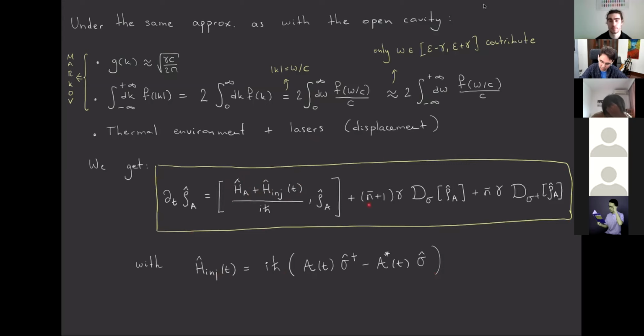And then we have the part coming from the thermal environment, from exchanging excitations with the thermal environment, which is essentially the same as in the optical cavity, but replacing the annihilation and creation operators by the raising and lowering operators. The injection Hamiltonian is the same, okay? So essentially, this is the master equation that we write down for an open atom.